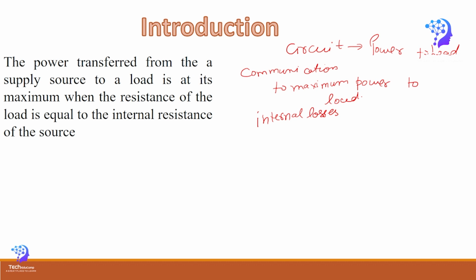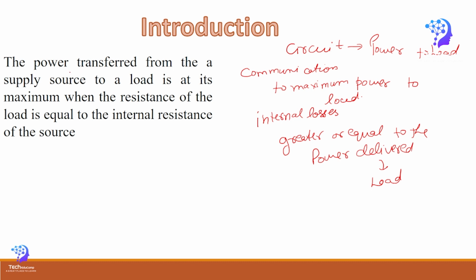This can result in significant internal losses, which can be greater than or equal to the power delivered to the load. So let us see what this maximum power transfer theorem says.